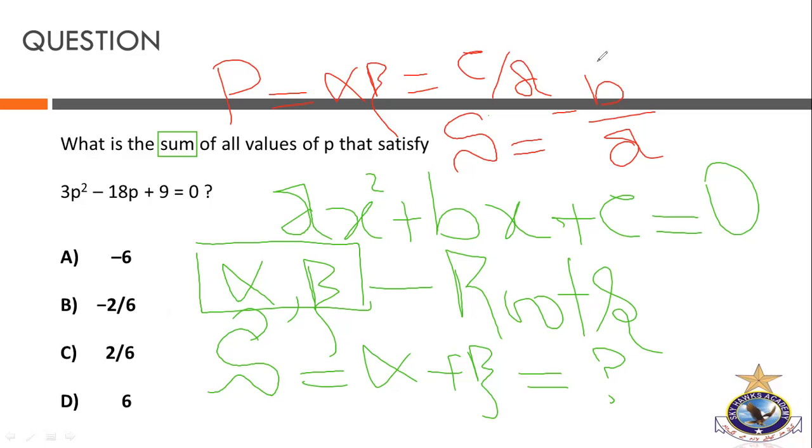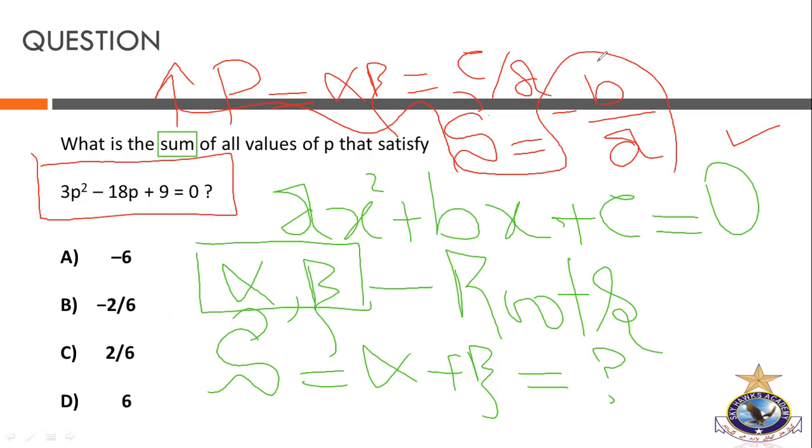I am just generalizing this one. This is a particular problem, and this is the standard form of the equation. The sum is just like this.